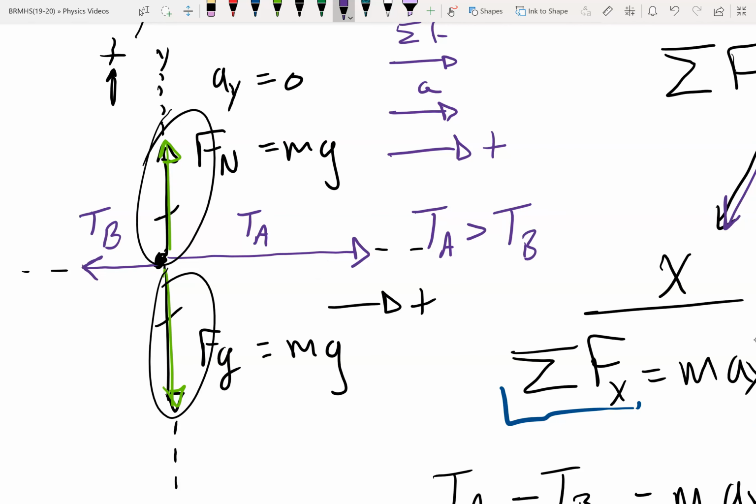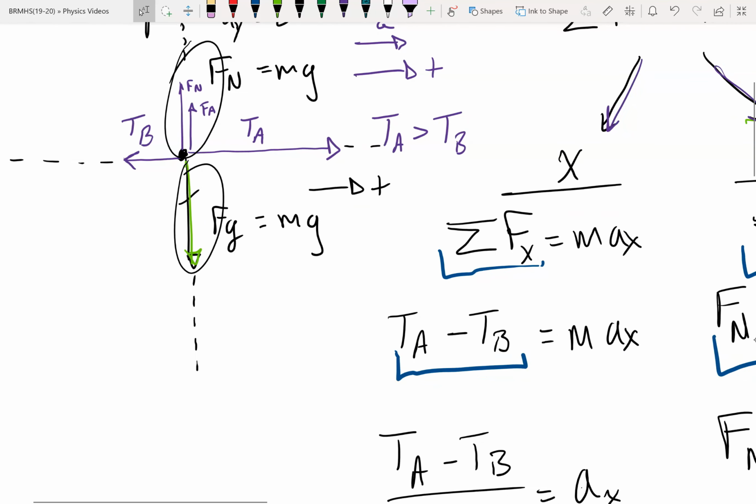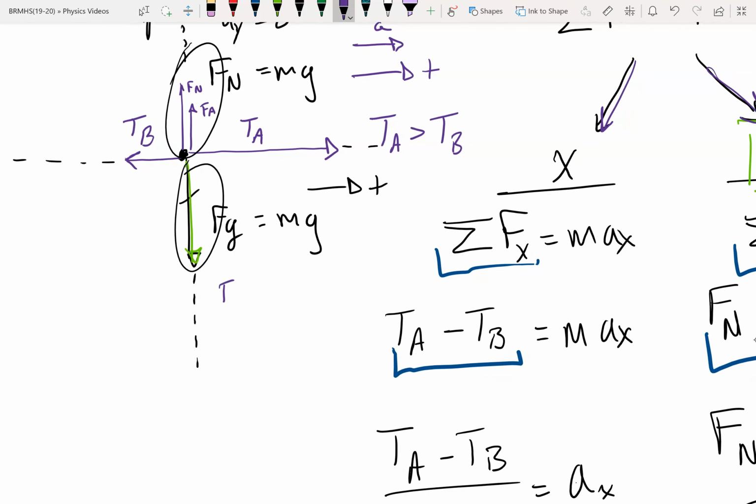If I had another force pointing upwards, like if somebody was lifting it a little bit with an applied force, and you still had the normal force, then we would say Fn plus Fa equals Fg.